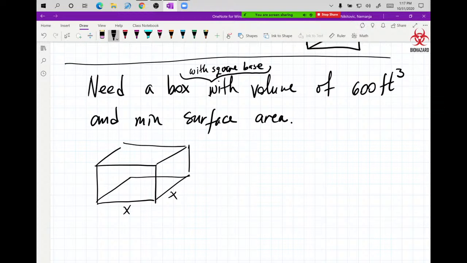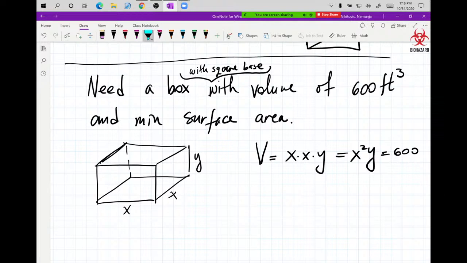So here's the box, and this box is supposed to fit 600 feet cubed. It's going to have some height y. I don't know what that height is yet. I'll figure it out. But the volume is when you multiply these three dimensions, so x squared y, and that has to be 600. So I already have my constraint. Volume is 600.